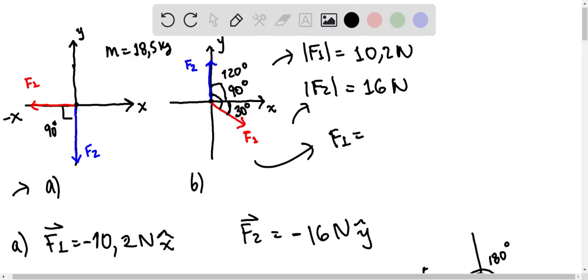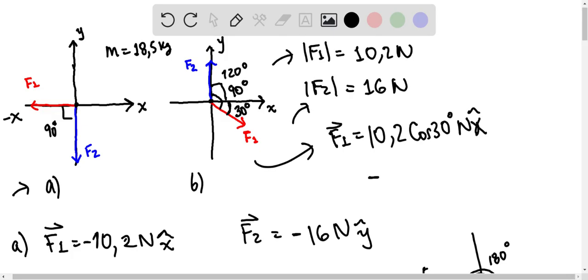So F1, the vector, has an x component equal to the magnitude times the cosine of 30 degrees, in newtons in the x component. It is positive because it is pointing to the positive x-axis.